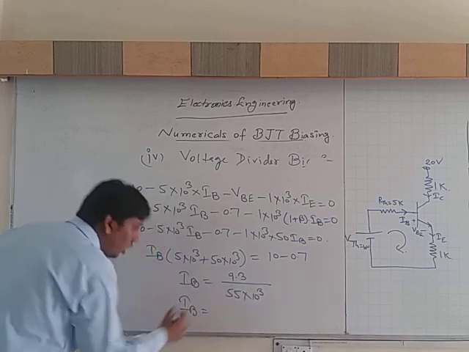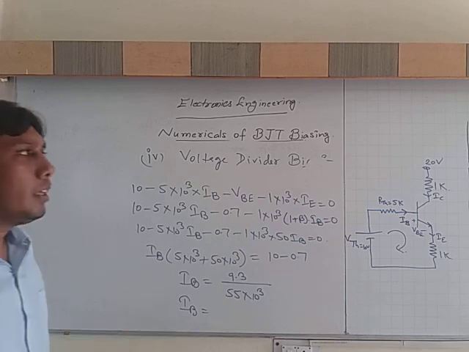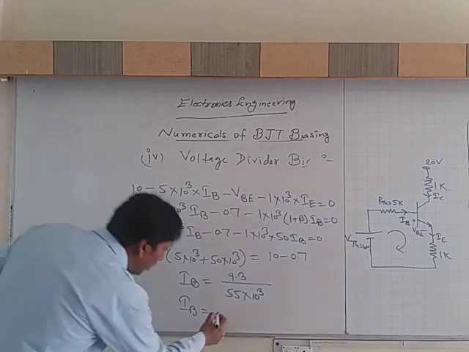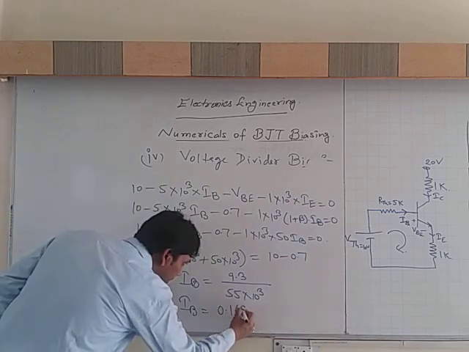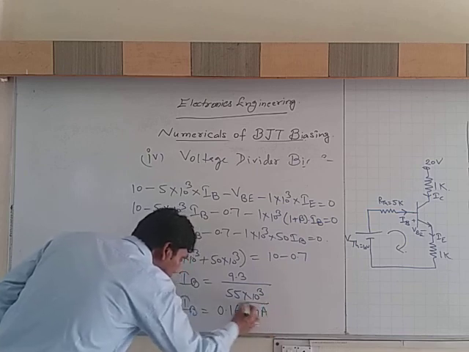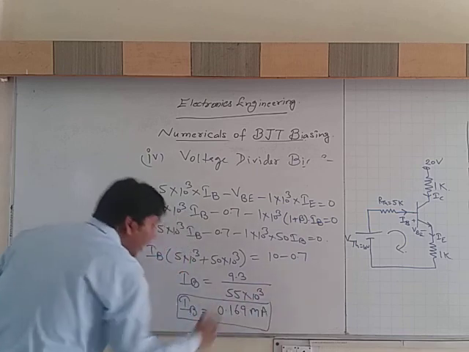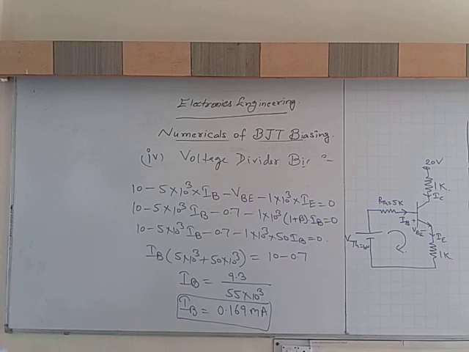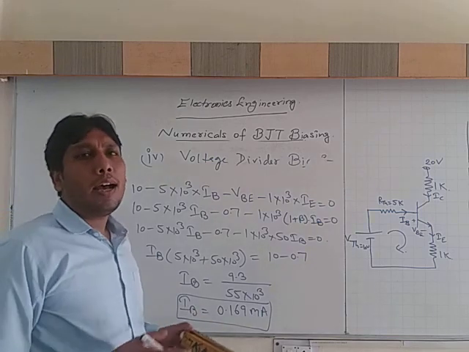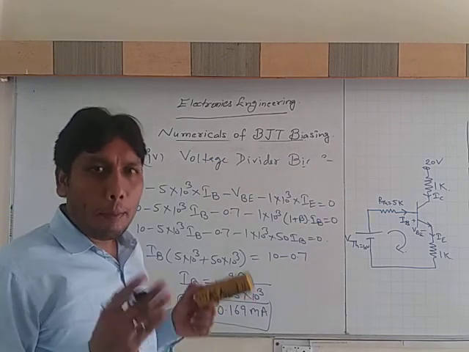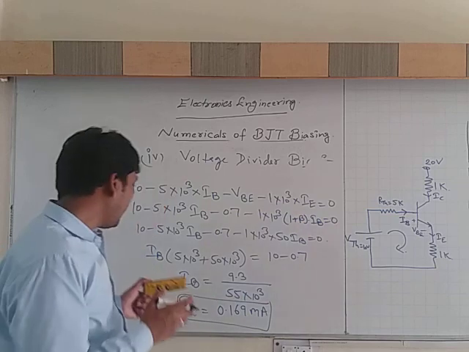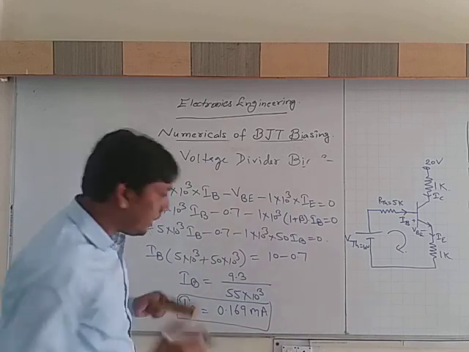So we get IB as 0.169 milliampere. This is the value of IB, and from the formula IC equals beta into IB, we can determine the value of IC.